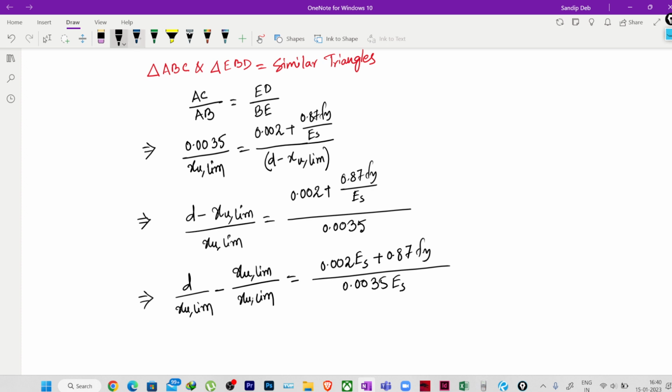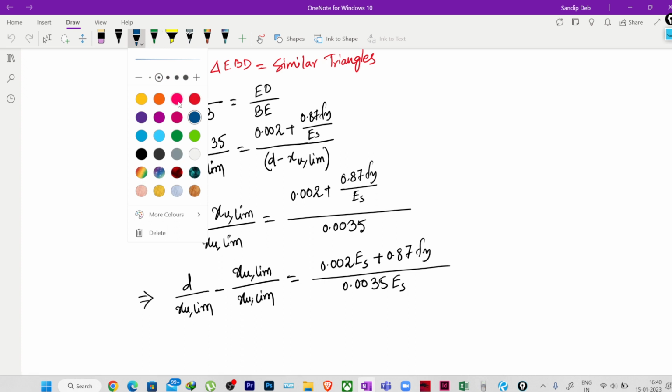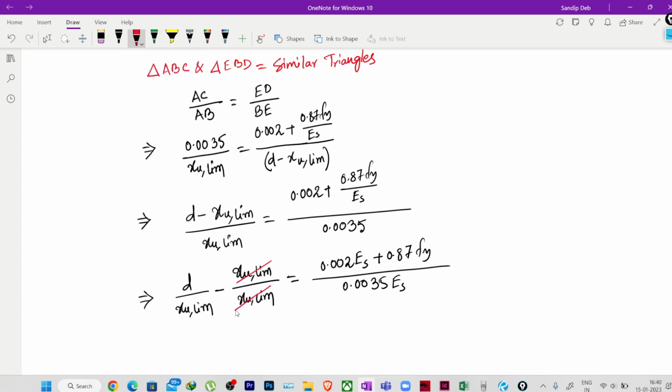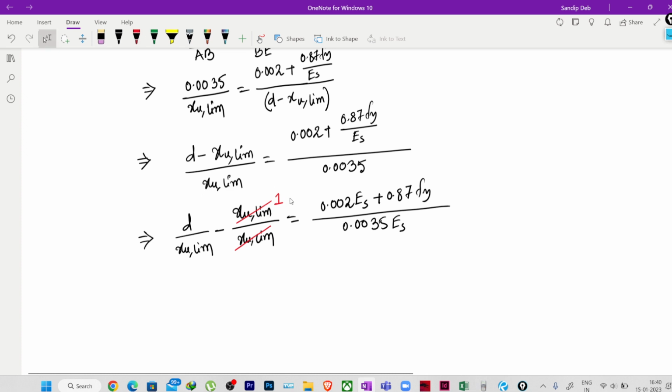So now this and this will get cancelled and we will be having 1 here, right? Now if we take this 1 to the right hand side, how much will we be getting? So D by XU limit equal to, we are taking this 1 to this side.